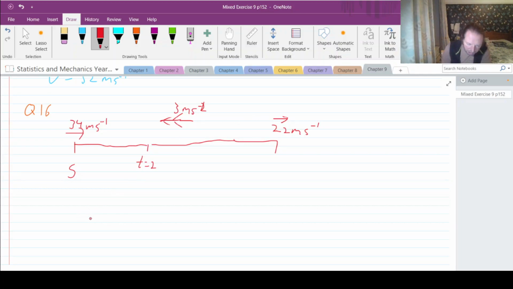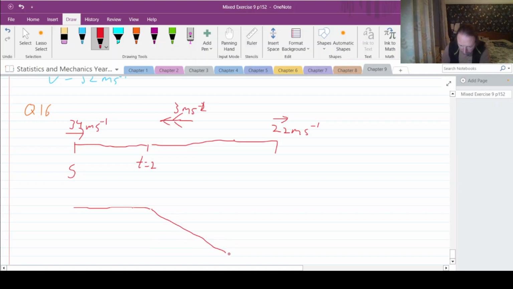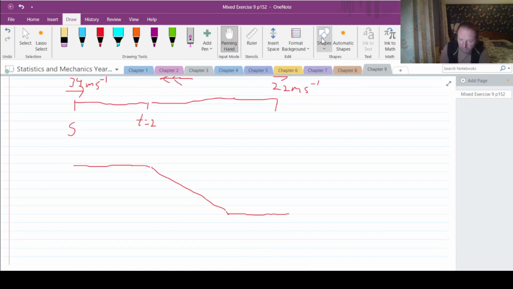So, as she passes S, she stays at a constant velocity, and then when she gets to T equals 2, she drops down to 22, and then she continues on at that. So in terms of the velocity time graph, it's going to look like that.